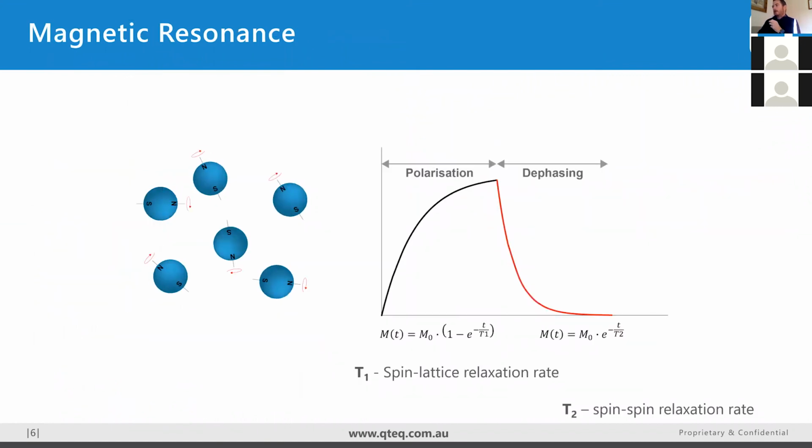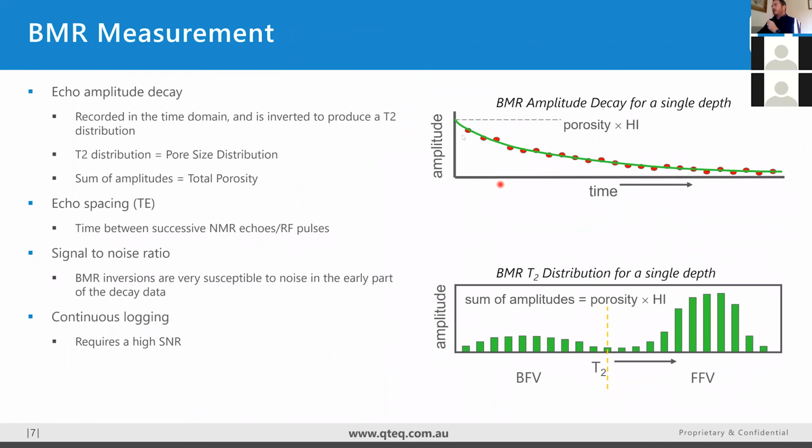So this is a relatively quick measurement. We normally have to wait 3 to 4 seconds, and then we do this sequence and we do about 1,000 echoes at your echo time. So we can do that repeatedly quite fast.